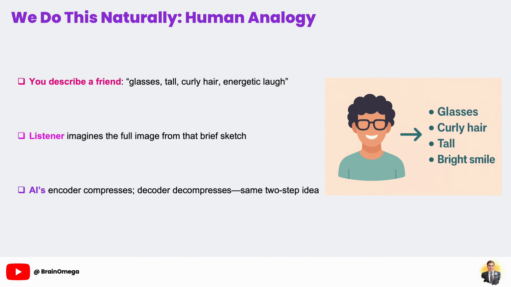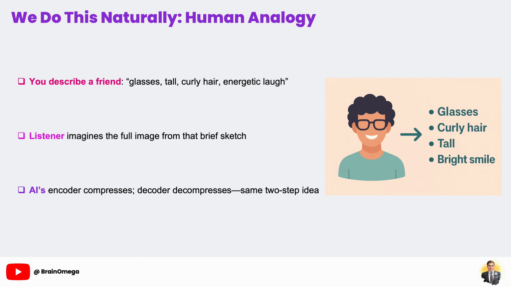Believe it or not, humans perform this kind of compression and decompression in our own heads all the time. Let's say you're describing a mutual friend, Maria, to someone who's never met her. You wouldn't list out every freckle on her face or the precise RGB values of her hair color.